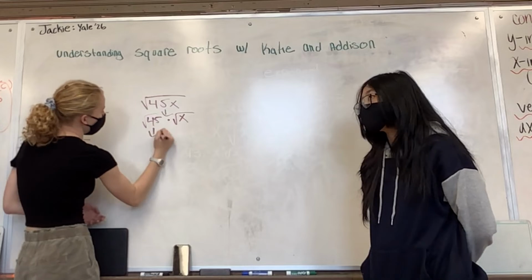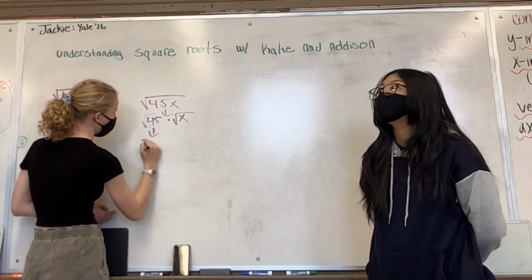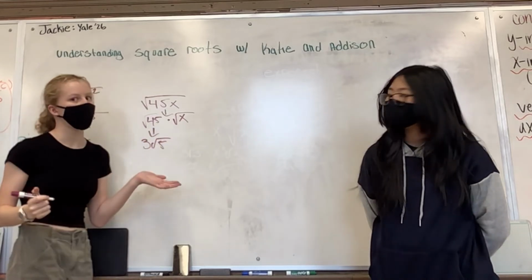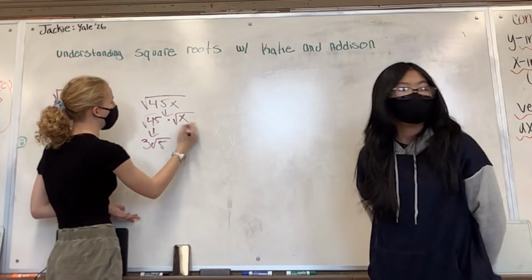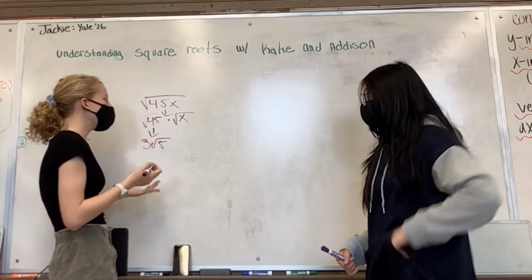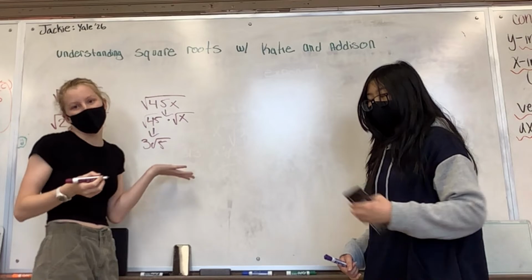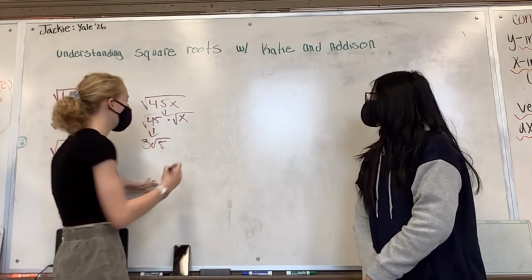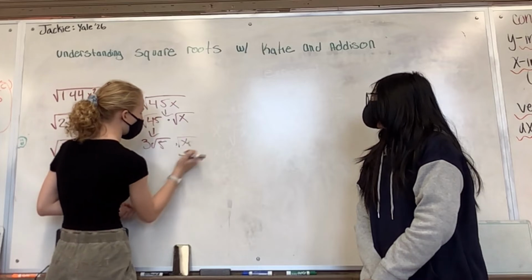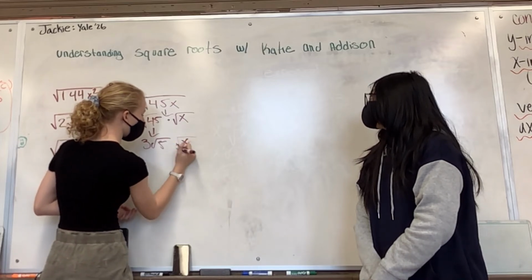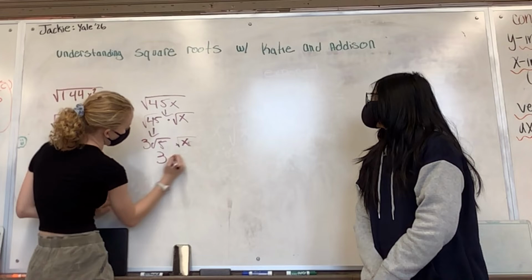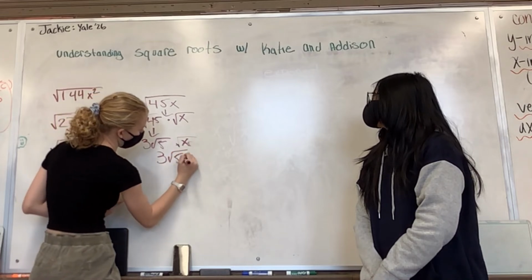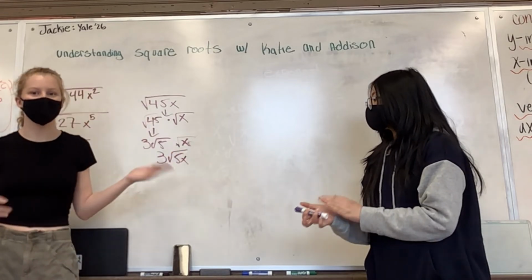So this you would solve. And since this does not have an exponent, it would stay inside of the radical, since you can't really expand it. So then it would be 3 square root 5x, and that would be your answer.